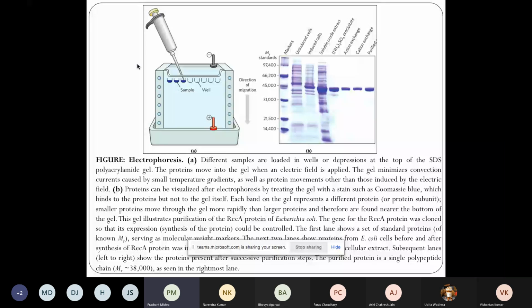Suppose I have separated them first by the precipitation method, where we have used ammonium sulfate, and then we analyze how many bands you are getting. Then I run ion exchange chromatography, and see how many bands we have got. Then we run another technique, affinity chromatography, and see how many bands we are getting. So every time you will see that there is a certain level of purification which you are achieving.